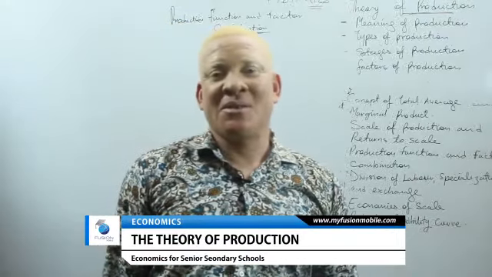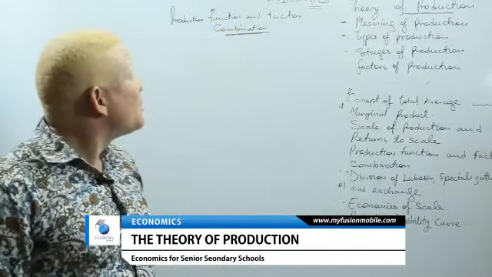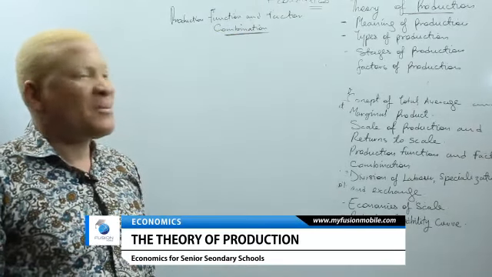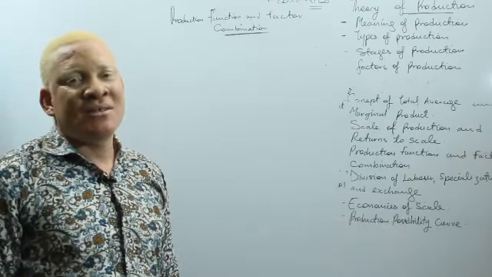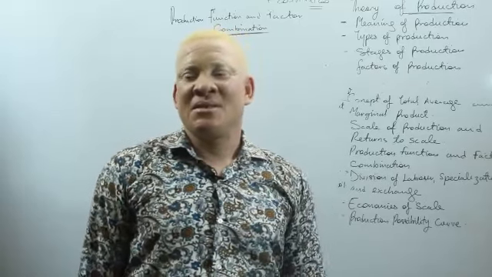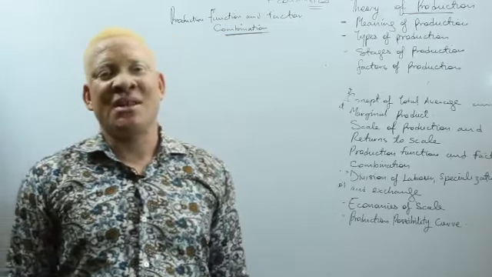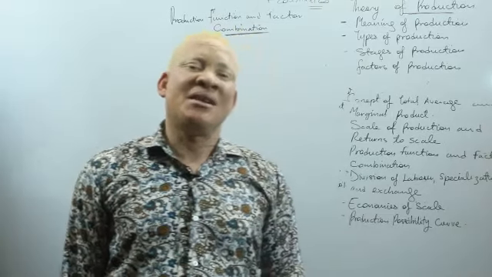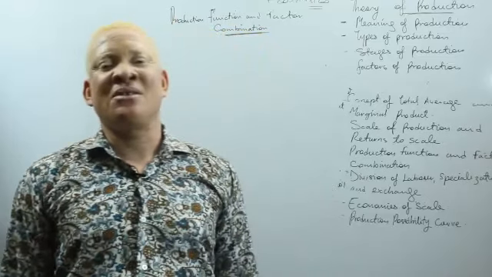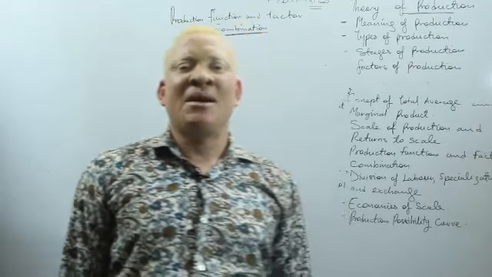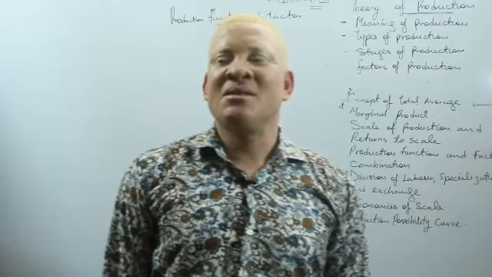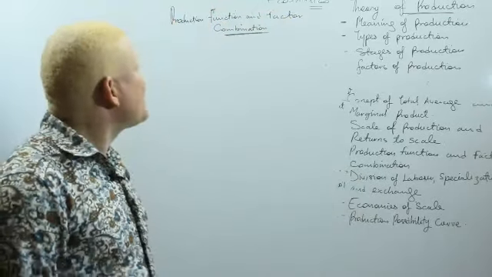So the next point of call on the course outline will be production functions and factor combination. A production function is the quantitative relationship between the input and the quantity produced, that is the output. The input here is talking about the factors of production, which could be basically in the long run, capital and labor, while the output refers to the quantity produced.